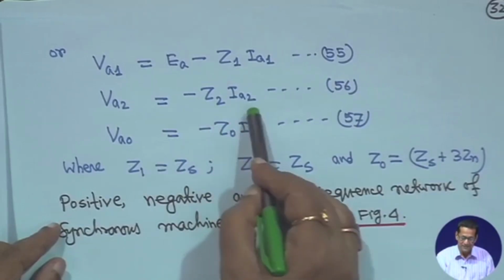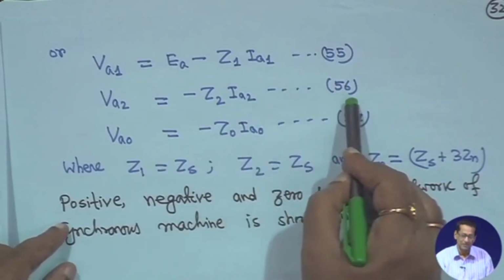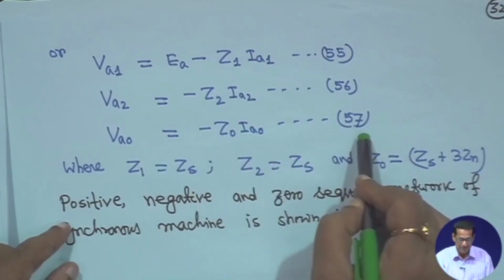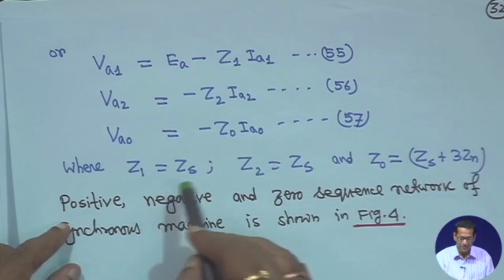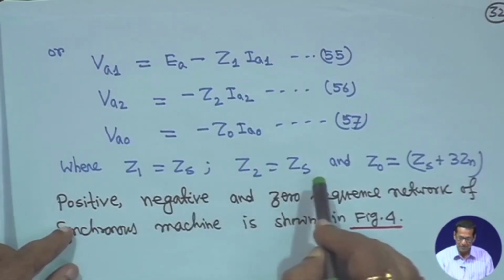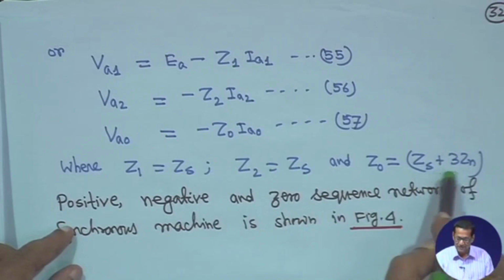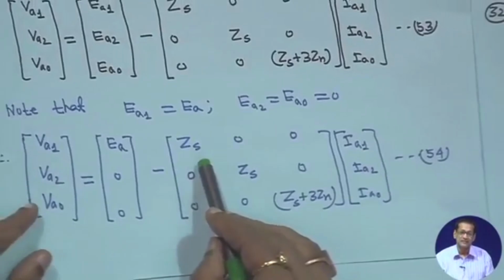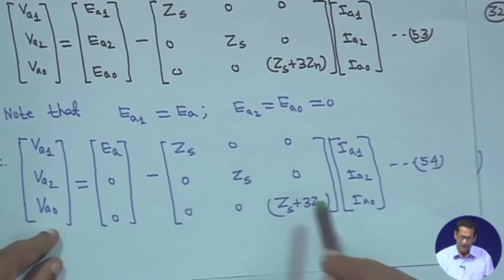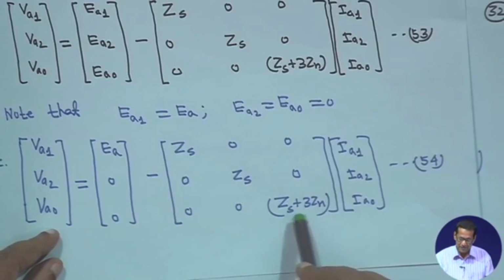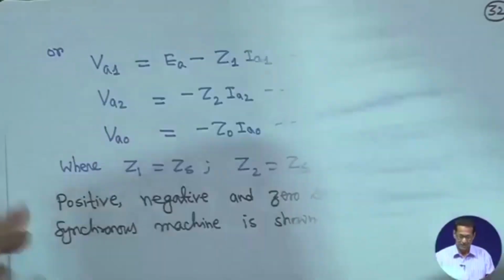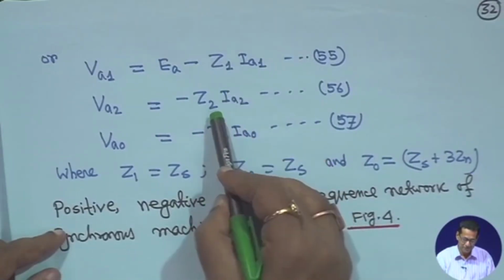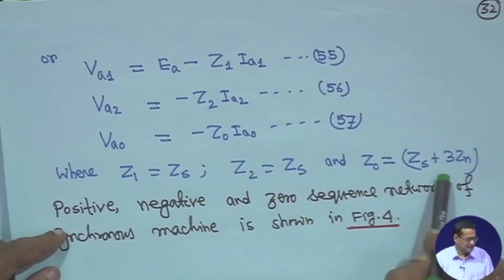Va2 is equal to minus Z2 Ia2, that is equation 56, and Va0 is equal to minus Z0 Ia0, this is equation 57, where Z1 is equal to Zs, Z2 is equal to Zs and Z0 is equal to Zs plus 3 Zn.